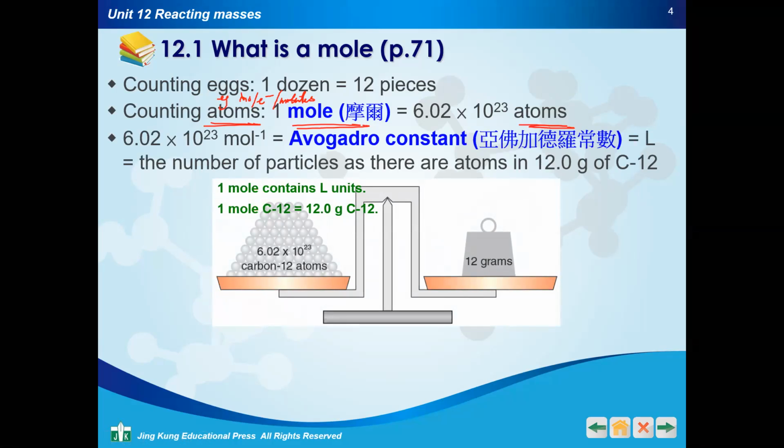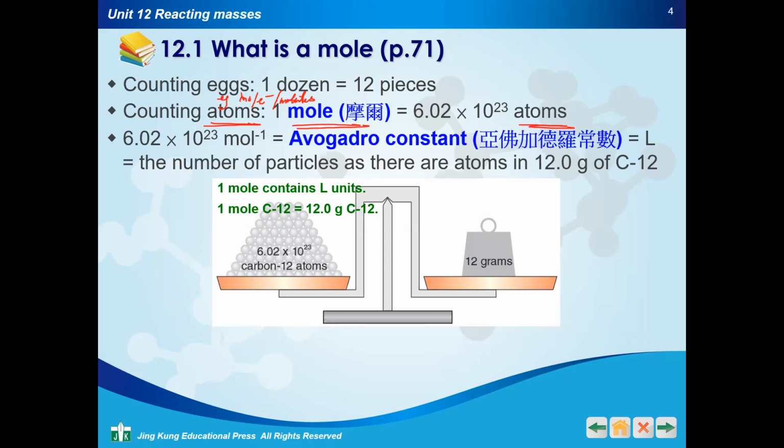It is defined as the number of atoms found inside 12.00000 grams of carbon-12. They will contain that number, and we call that number 1 mole.